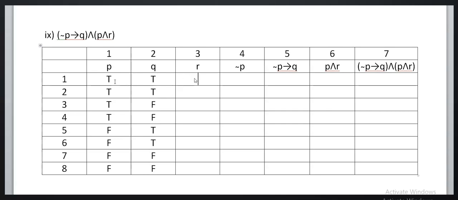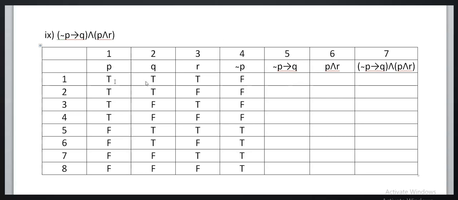R is TF, TF, TF. And negation of P is FFFF and TTTT.